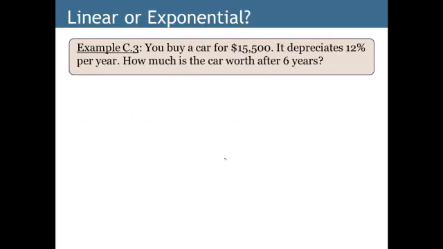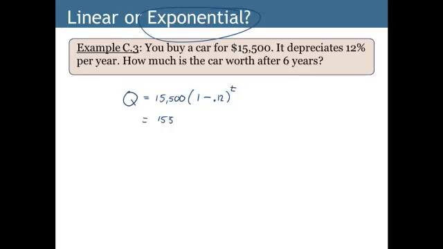You buy a car for $15,500. It depreciates 12% per year. How much is the car worth after 6 years? Again, 12% is exponential. So the initial amount is $15,500, and it goes down 12% per year.